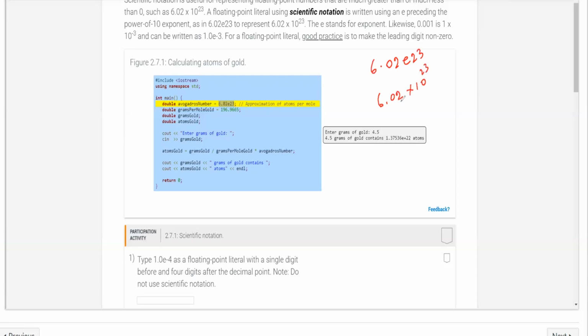So this is what the number actually is, and you define it in here. But this won't work in your program. This is not something that you can do in the computer. Definitely E is not something that you can store in the computer, so it's always going to throw an error if you do that.